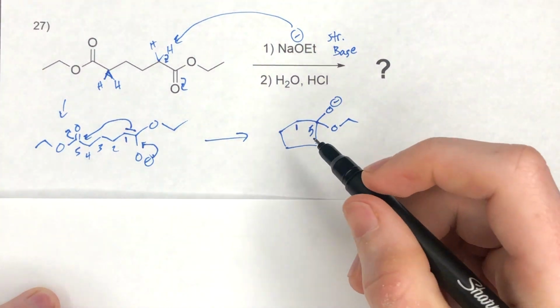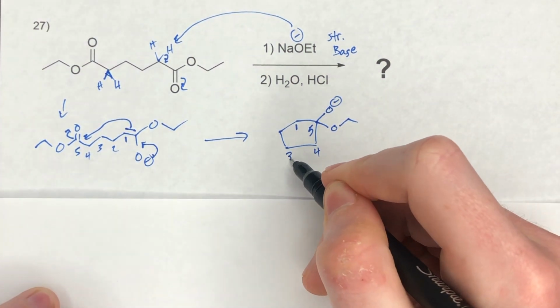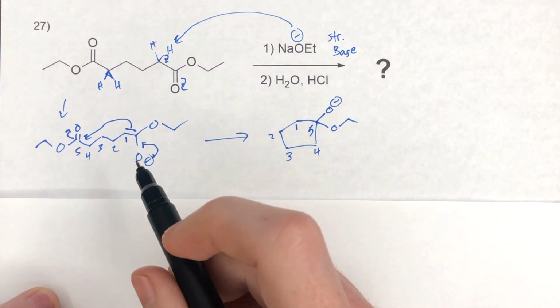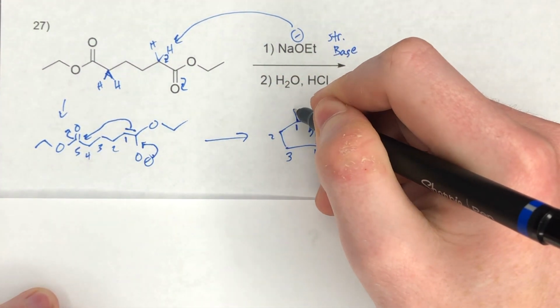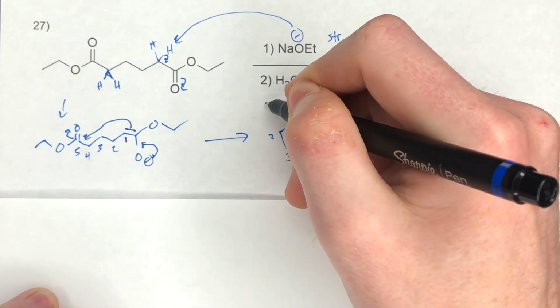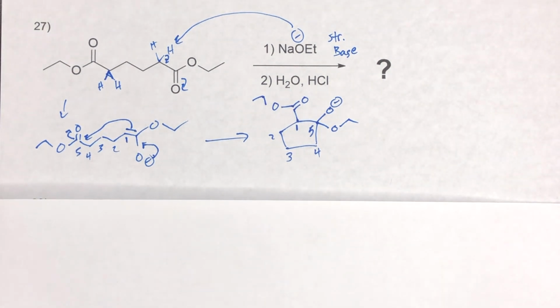Now this would be carbon 4, and carbon 3 and 2. Nothing is bound to those, so they stay exactly as is, no change. What's bound to carbon 1 is the carbonyl, and then the single oxygen, the ethoxide group. So you would get to this structure.